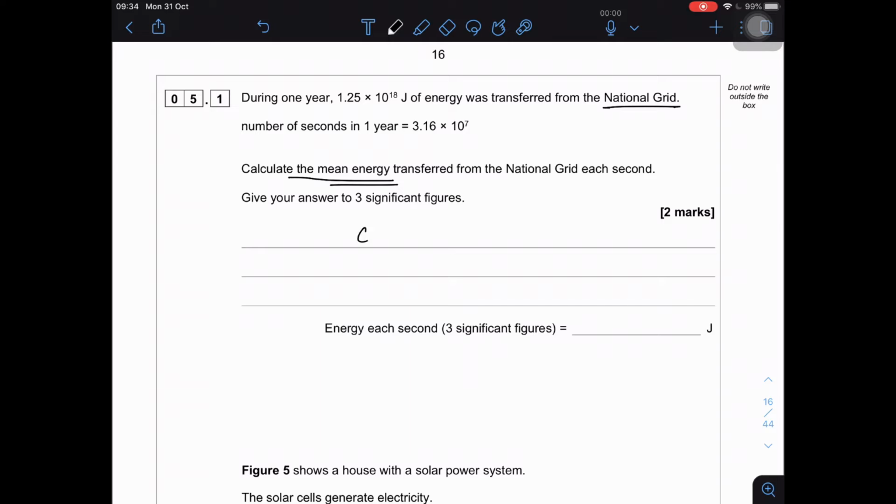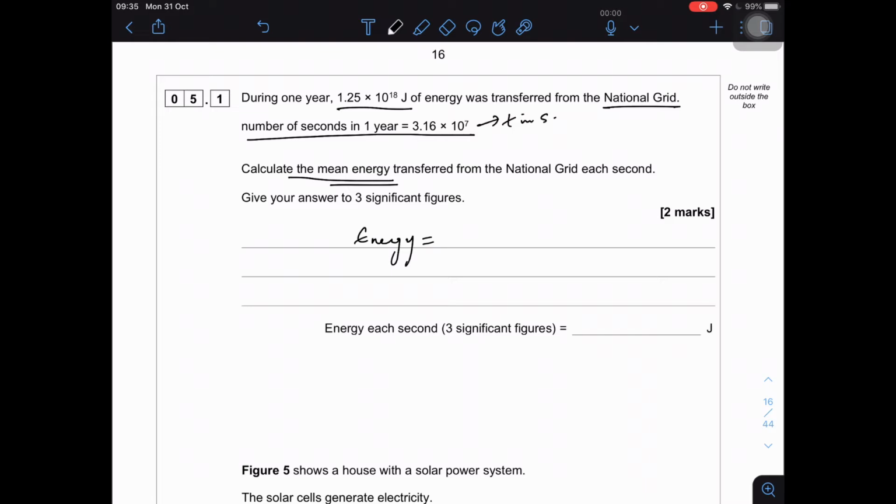So energy here in 1 year is 1.25 times 10 to the power of 18, and the number of seconds in 1 year, this is the time in seconds, is 3.16 times 10 to the power of 7.